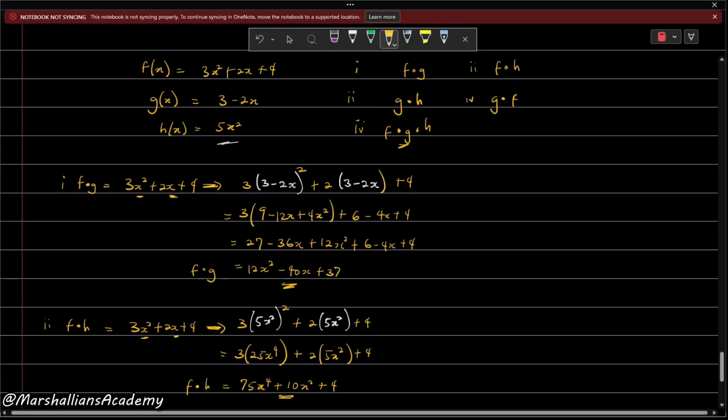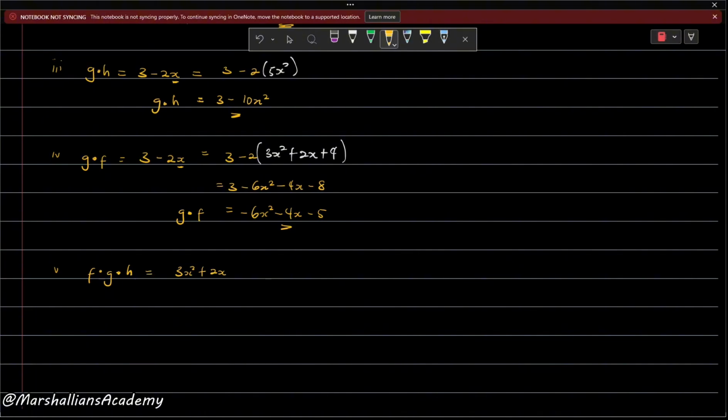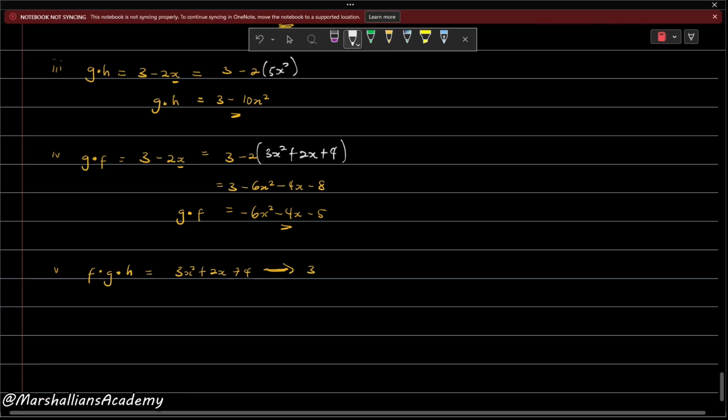Yeah, if you have done that, you should get something related to this. If you start from f's function first, which is going to be 3x squared plus 2x plus 4, we are going to be replacing all the x values with G's function. So 3 into brackets. What is G's function again?